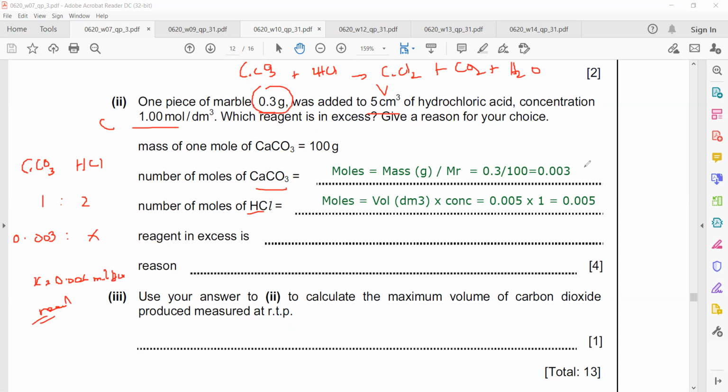But how many moles do we have? We have 0.005. So we have less than what we need. It means HCl is the limiting reagent and calcium carbonate is in excess. Or calcium carbonate moles are more than enough. So CaCO3 is in excess.